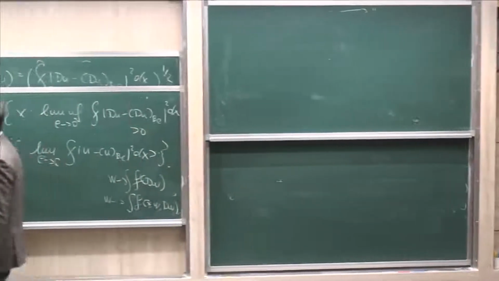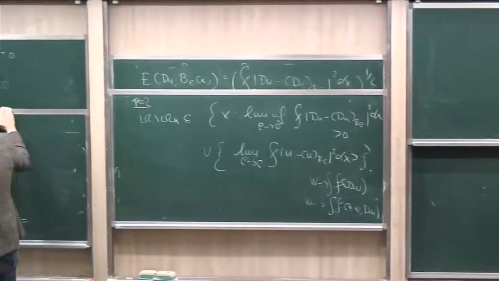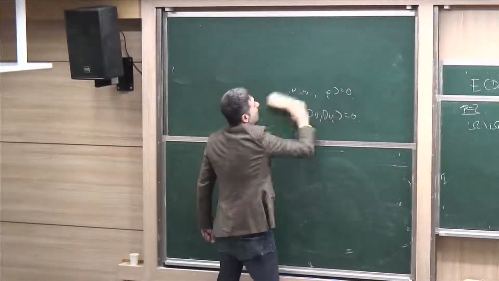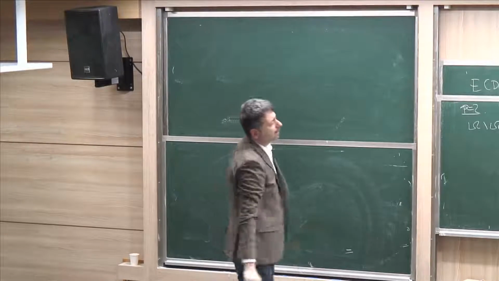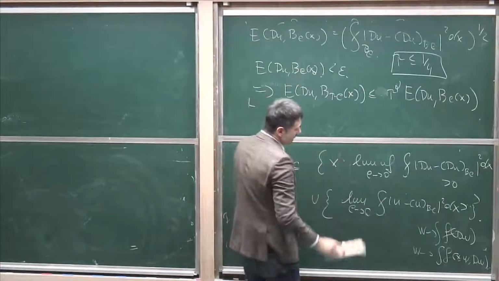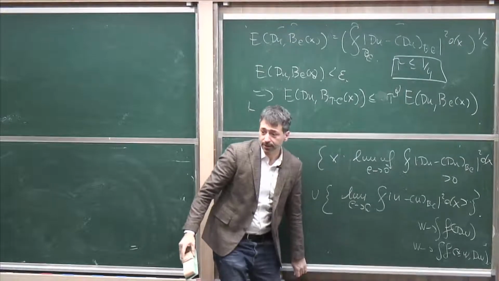But all these direct methods are based on, let's say, a different type of Caccioppoli inequality. You remember that in the classical scalar De Giorgi theory, the basic fact is the Caccioppoli type inequality.